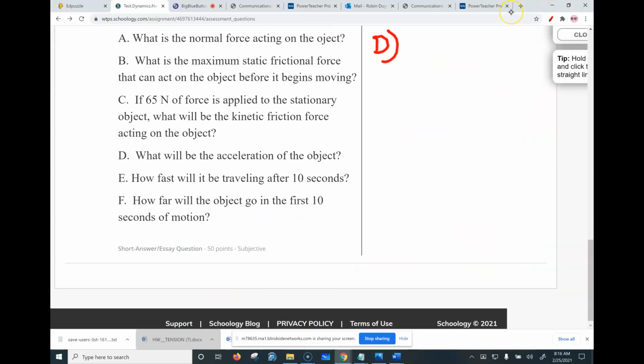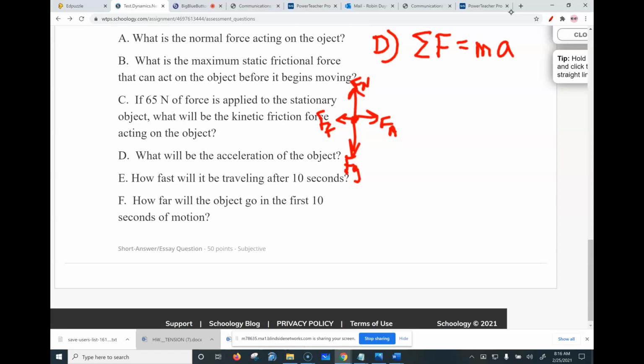Part D. Well, here I'm going to do my free body diagram again real quick. And that's Fn, and that's Fg. All right. When you want to find out the acceleration, you're going to sum up all your forces and set them equal to the mass of the object times the acceleration.